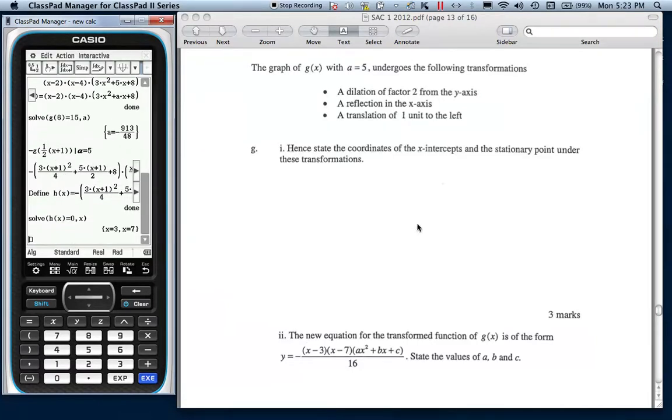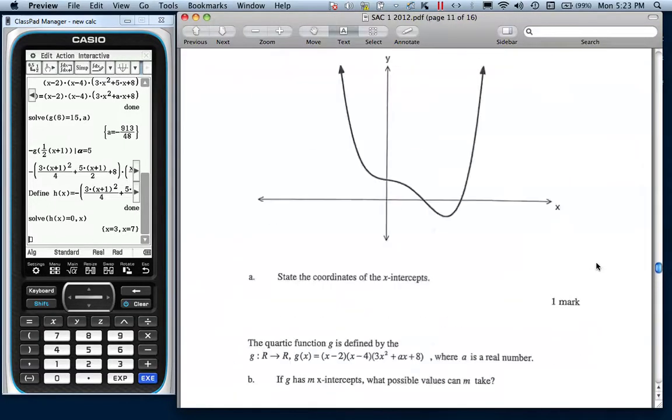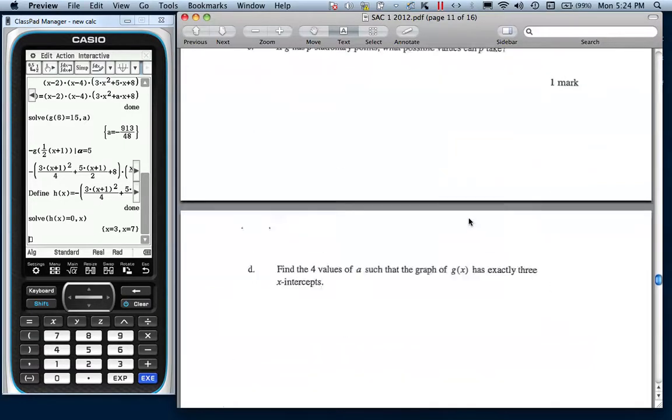So it kind of suggests, looking back at our graph that we had earlier, that 3 and 7 might be some coordinates. There is a reflection around the x-axis, so this graph would reflect with this minimum being a maximum.